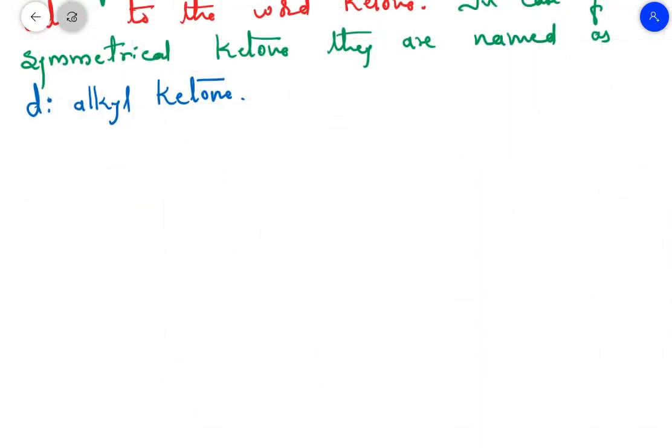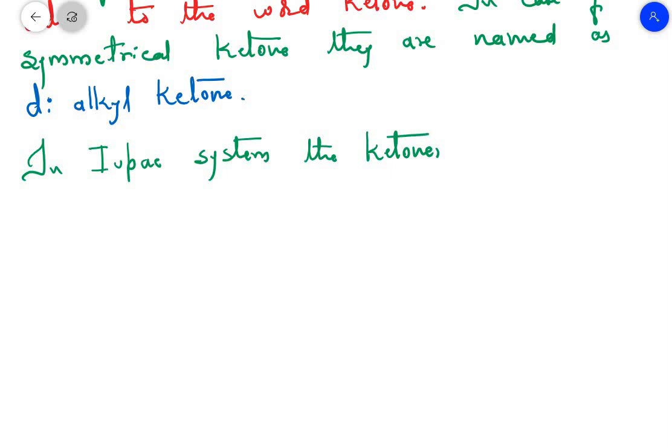In IUPAC system, the ketones are named as alkanones.